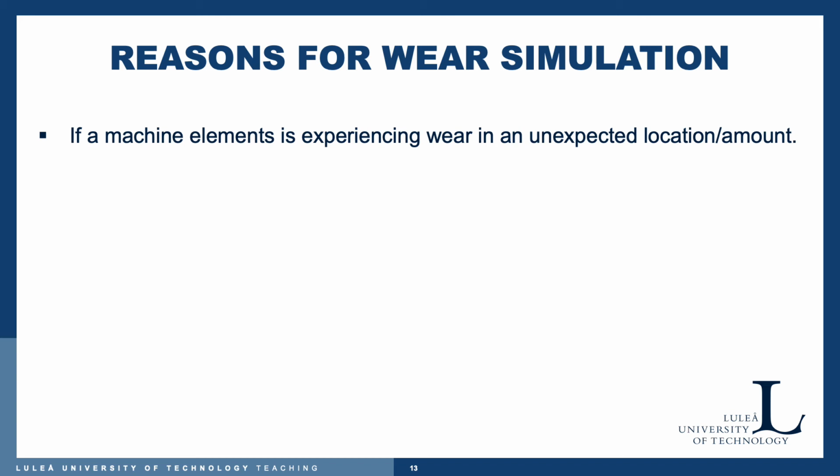For example, one reason could be if we observe that the machine element experiences an unexpected amount of wear, or wear in an unexpected location, where we perhaps have difficulties to see where the problem comes from. We can run a simulation and perhaps get a little bit more insight into this.